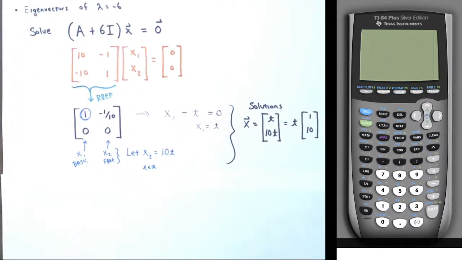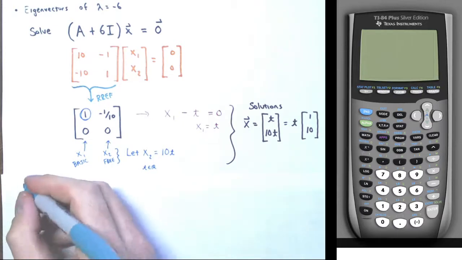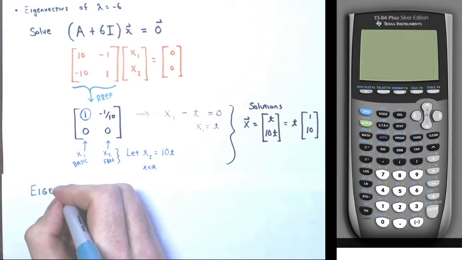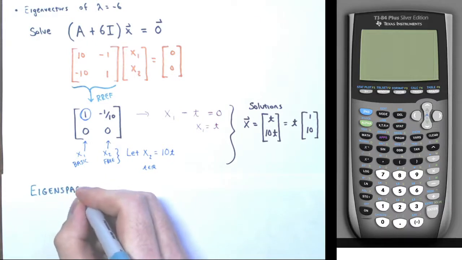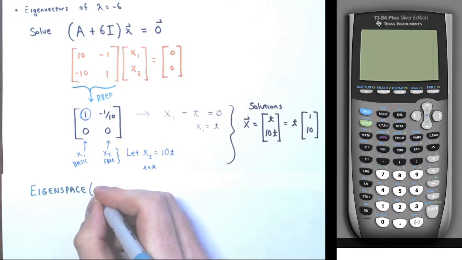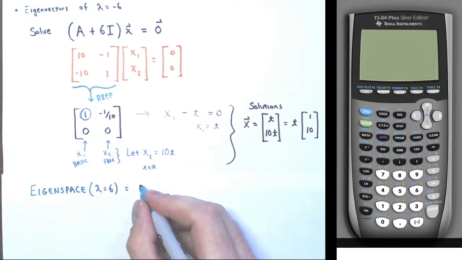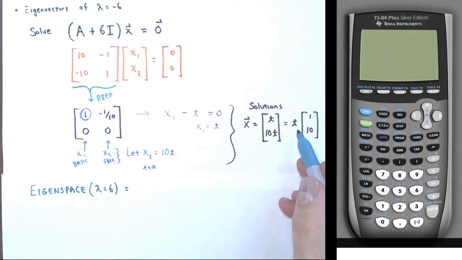So the eigenspace of just lambda equals -6 is all the scalar multiples, any scalar multiple of the vector (1, 10).